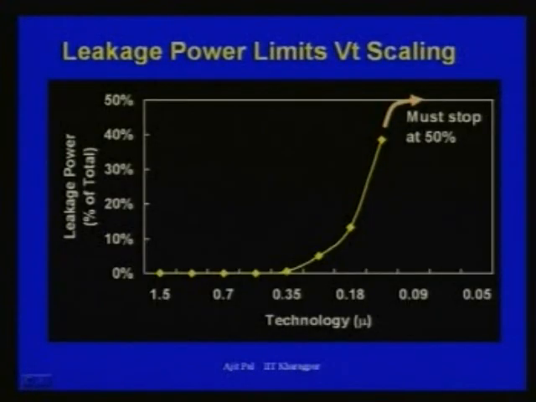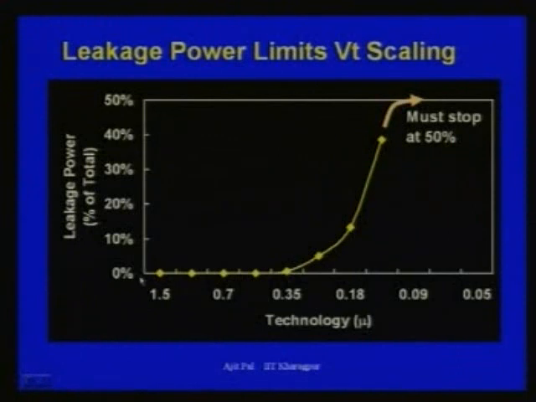Now coming to the leakage power, as I told in the beginning, leakage power is becoming very important in the deep submicron technology. Why? It is clear from this diagram. You can see, as long as we were in the 0.35 micron technology, there was no leakage power dissipation.